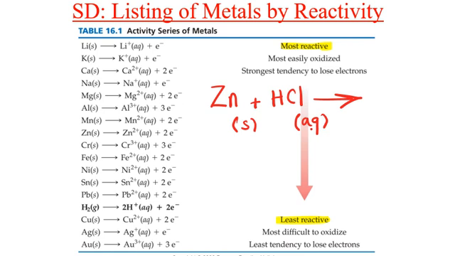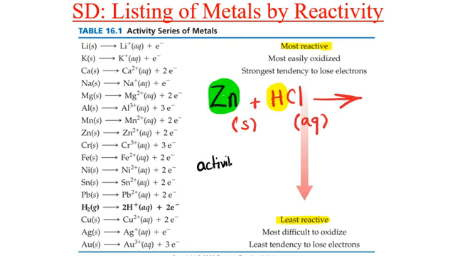It doesn't matter what our anions are, HNO3, H2SO4. Always we check, we compare the activity series of the metal element and the activity series of the cation.